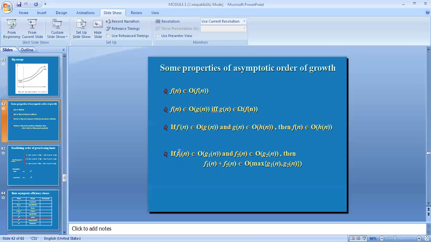Try to understand this reflexive growth from this function. If f1 of n belongs to big O of g1 of n and f2 of n belongs to big O of g2 of n, then f1 of n plus f2 of n is big O of max of g1 of n comma g2 of n, whichever is the maximum is considered as the summation of these two functions.